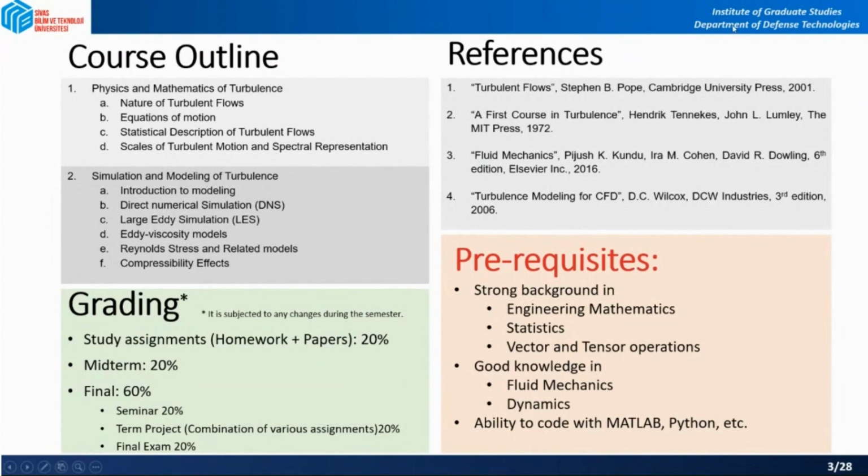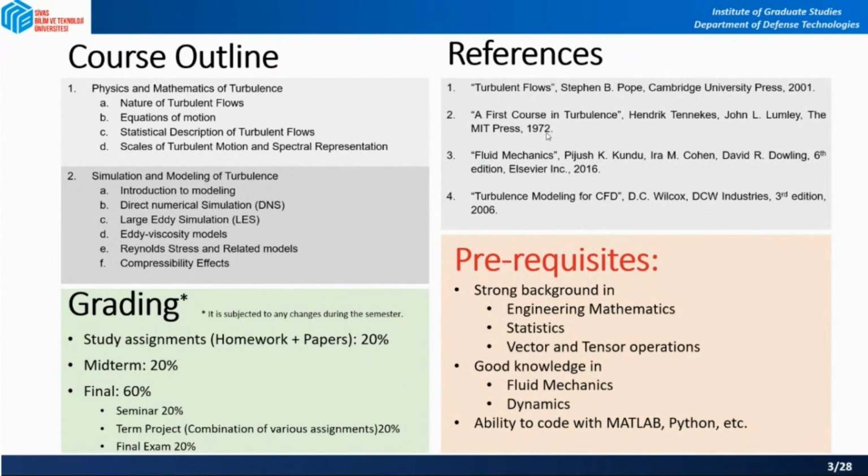The second book is also fundamental, A First Course in Turbulence. It's a very old book, 1972, but it never gets old. As a fluid mechanics expert, you should have this book in your library. The third book is Fluid Mechanics, and it is at graduate level, not undergrad level.